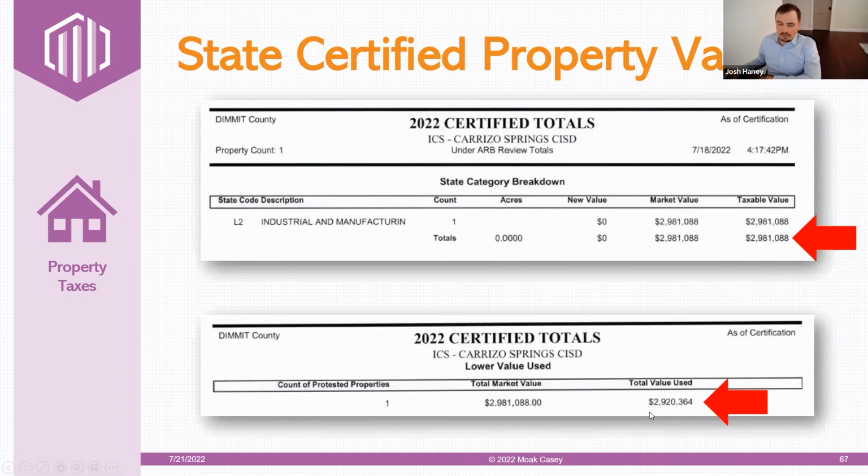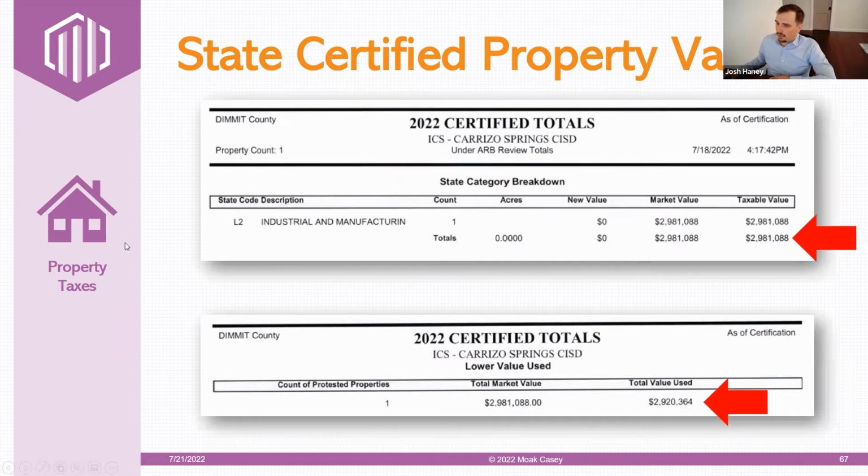but if there's more gap between those two, then maybe you want to make an adjustment, or at least call your CAD and say, hey, I'm seeing really big differences between the initial taxable value that you used for the protested properties and what shows up on this lower value used tab.